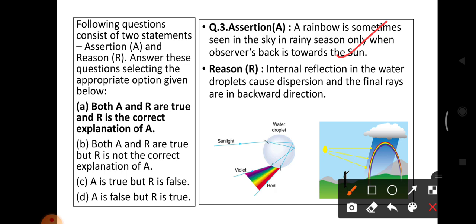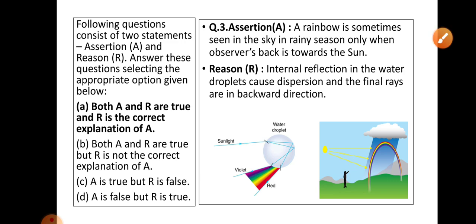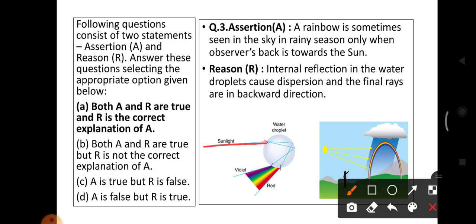Reason: internal reflection in the water droplet causes dispersion, and the final rays are in the backward direction. The sunlight enters the water droplet. Refraction takes place, because this is air and this is water. After refraction, it goes inside the water droplet and is dispersed into 7 colors. The 7 colors are totally reflected inside. Again it comes out from the water droplet to air.